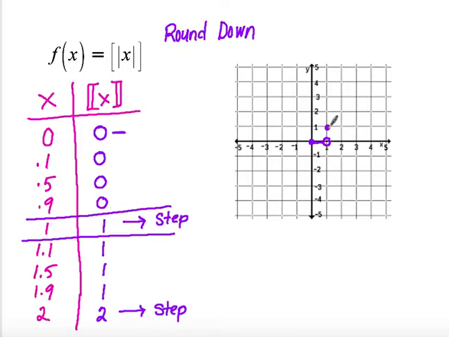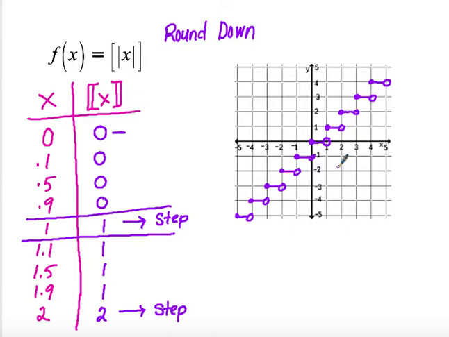And I'm going to stay there until I get to 2, 2. And I'll stay there until I get to 3, 3. It looks like a linear equation, except you're not going to connect the points this way. The points are going to stay solid and constant on those integer values. Now I can just continue this pattern left to right, starting with a solid dot and ending in an open circle, so that it continues that function idea.